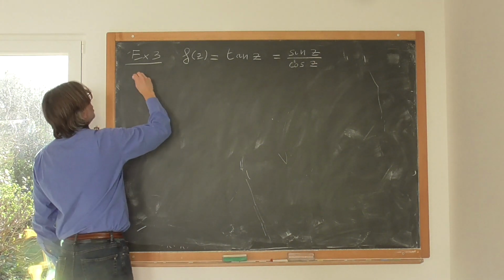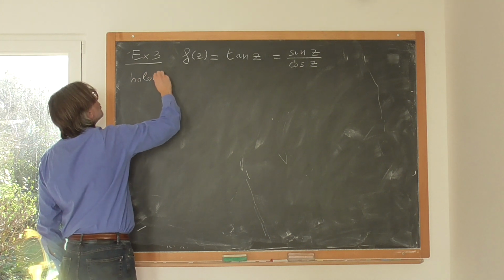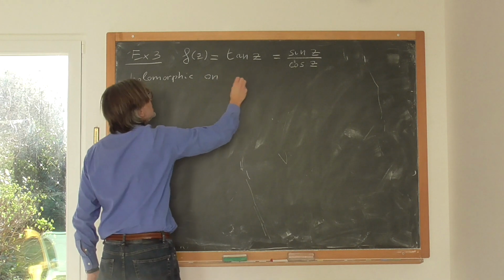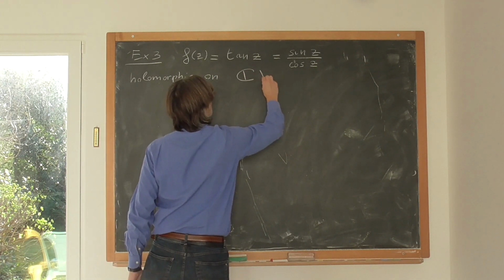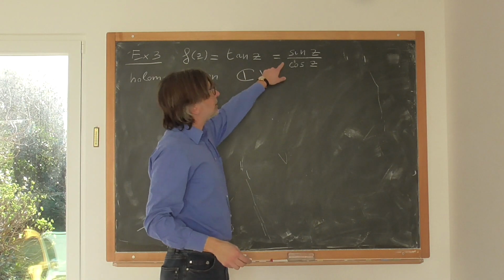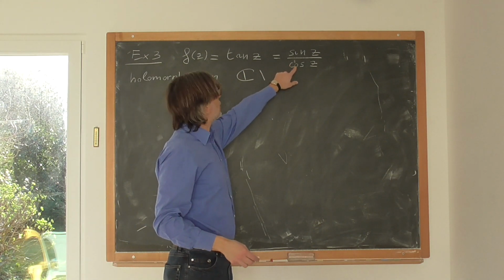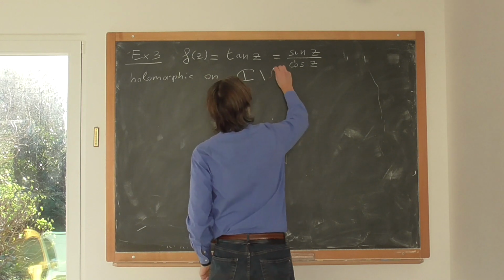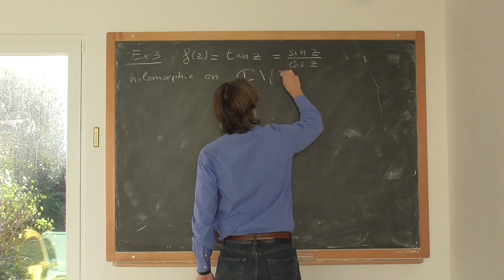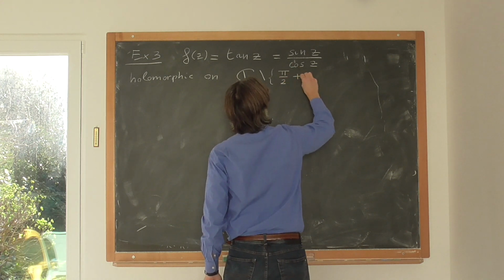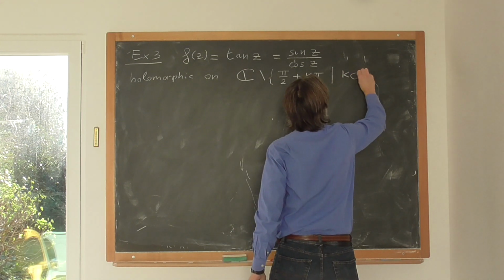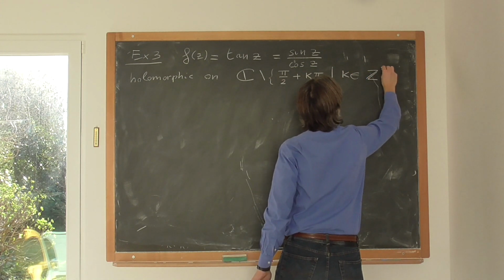So this function is holomorphic on C minus the zeros of the cosine function, since the tangent is not defined exactly there. The zeros of cosine are the complex numbers of the form pi half plus k pi for k in Z. So they're all on the real line.